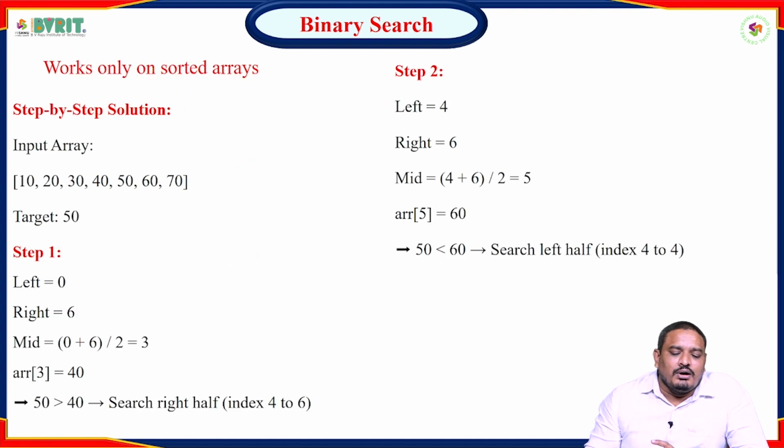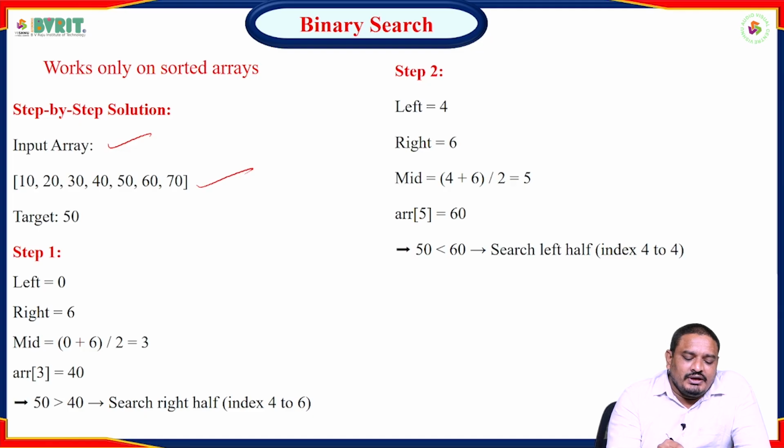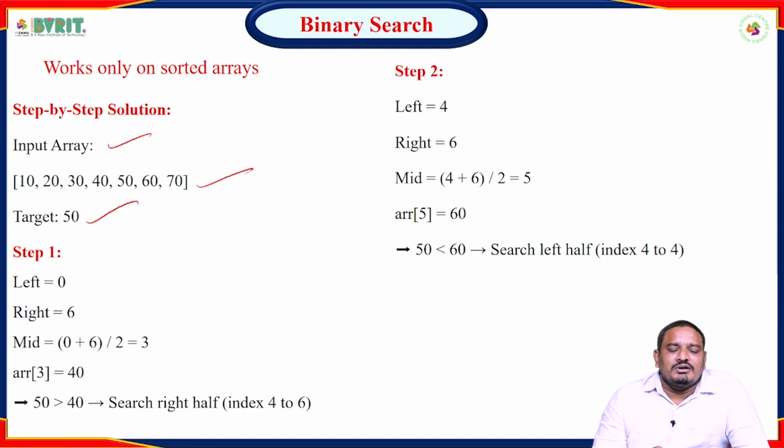See how this works. The first input is the array 10, 20, 30, 40, 50, 60, 70. What is the target? The element 50 will be searched. What is the first step? Set the left half and right half: left is 0 and right is 6.